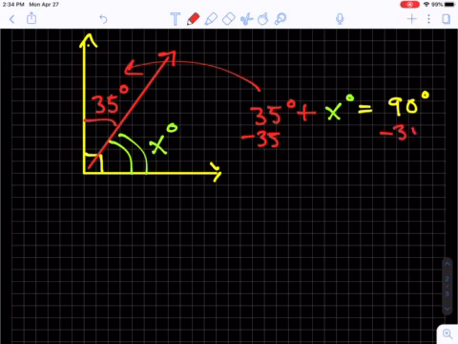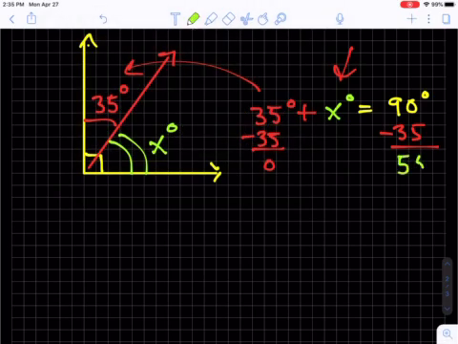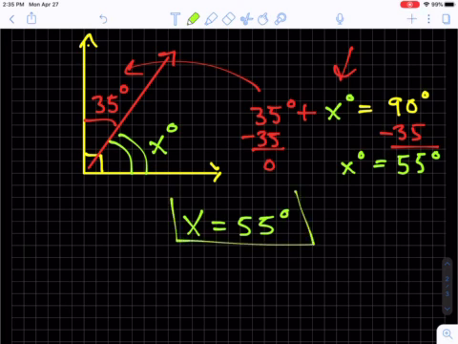A lot of you are probably like, I didn't even do this as an equation, I just did 90 minus 35. But that's in effect what this is; it's just a more formalized approach. 35 minus 35 gives you 0 over here, and over here you get 55 degrees. That's what x is. So x equals 55 degrees. That's a basic way of using complementary angles.